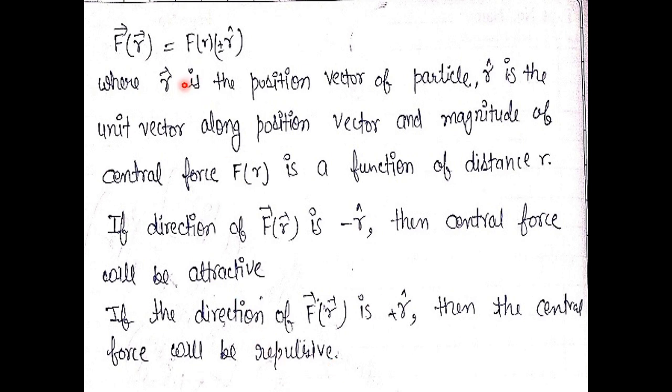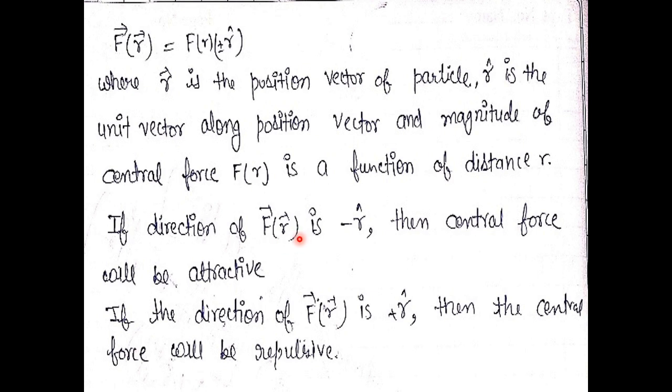Where r is the position vector of the particle and r cap is the unit vector along the position vector, and the magnitude of central force is f(r). This is the central force, this is the magnitude of the central force, and this is the unit vector along the position vector. From this equation we can see f(r) is a function of distance r.